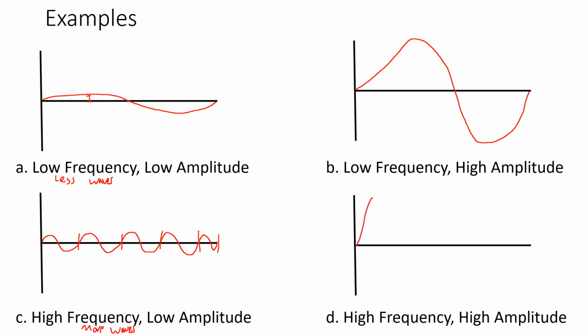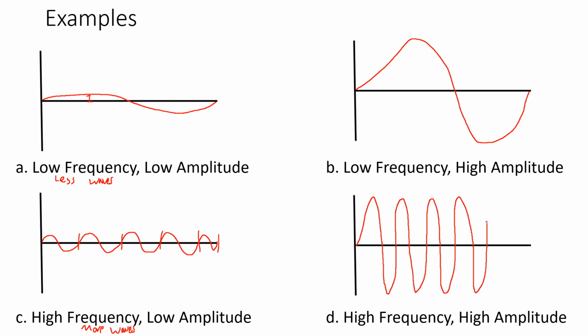So let's try and do that like so. And this one here is going to be a high frequency, high amplitude. So we can see that the waves go a fair distance from the origin line in comparison to the other ones with the low amplitude. And also there's a high frequency. So we have at least 1, 2, 3, 4, 5 of these waves as well.